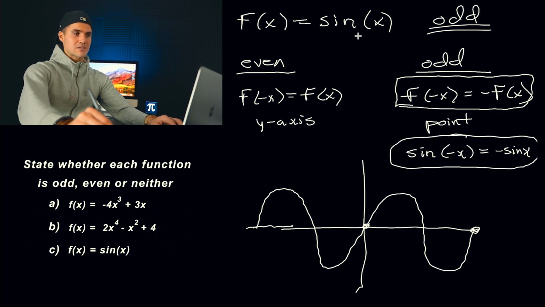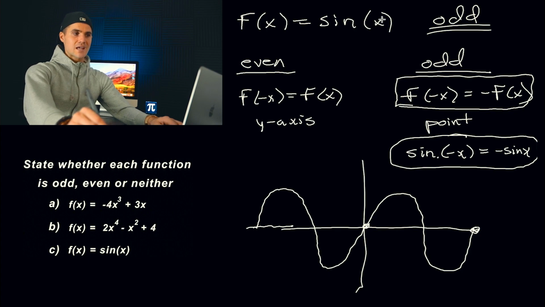And notice that if we plug in negative x, finding f of negative x here, using this identity, this is equal to negative sine of x, which is the same as negative f of x, right? And so from this identity, we can see that this function is odd. Again, though, we're going to be working more with identities in a later unit. When you get something like this, you more so have to just see it graphically with the current knowledge that you have up until this point.